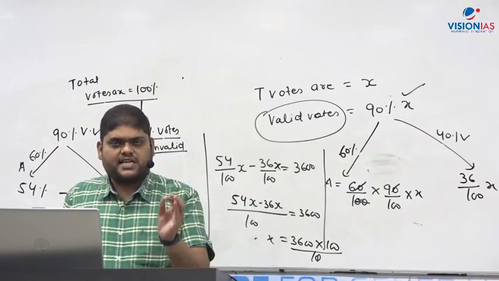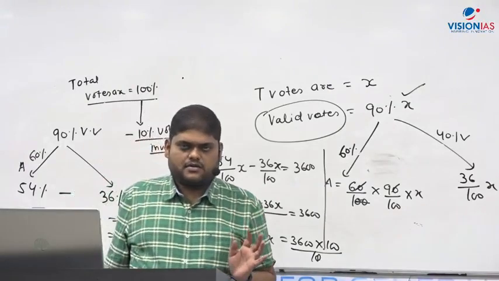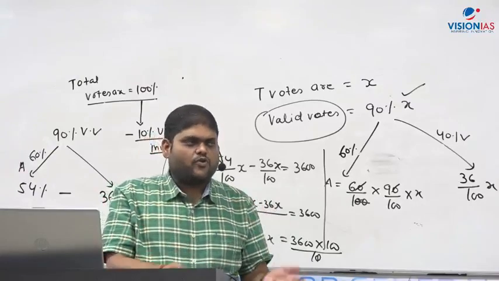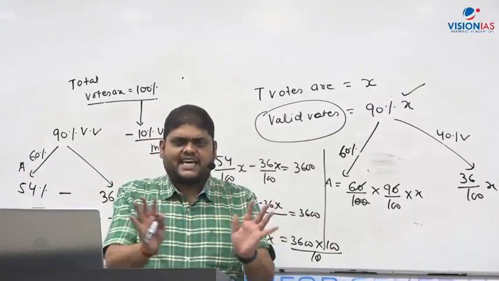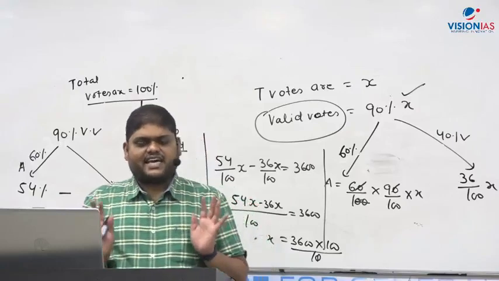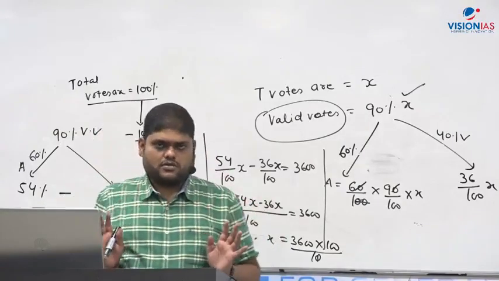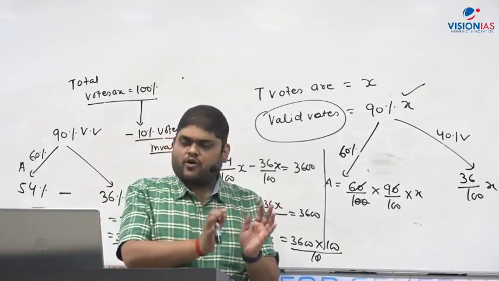If 10% of the votes are invalid, then find the total votes, invalid votes or valid votes, anything they can ask, depending on the question. Let's find out the total votes.